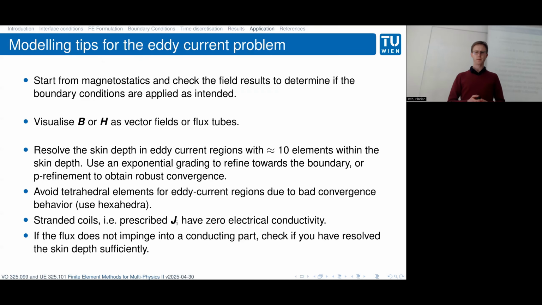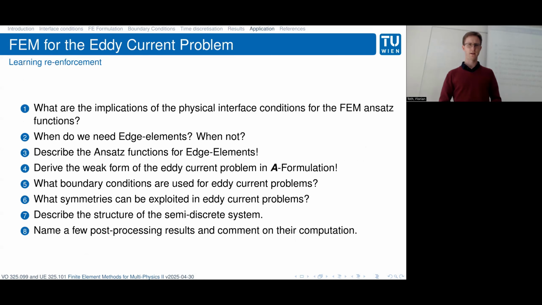Stranded coils, so prescribed impressed current densities, need to be modeled with zero electrical conductivity, so there are no eddy currents created. And if you, for example, have the flux not impinged into a conductive part, check if you have resolved the skin depth sufficiently, or if your conductivity values are reasonable.